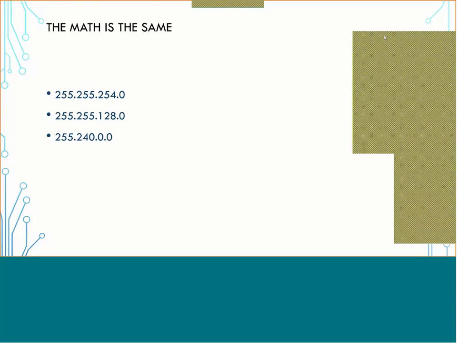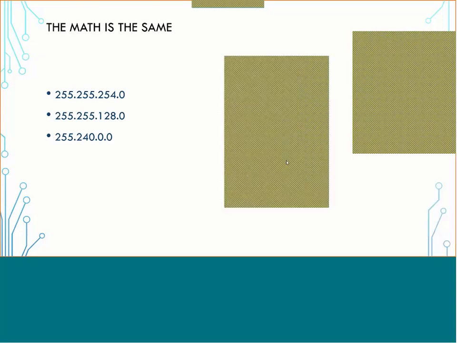Now how about 255.255.128.0? How do I write that one? That looks good. Keep it coming.